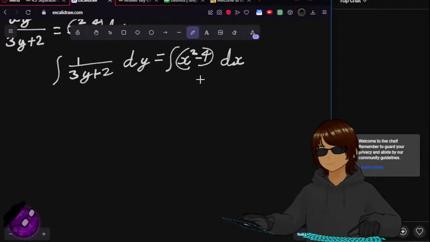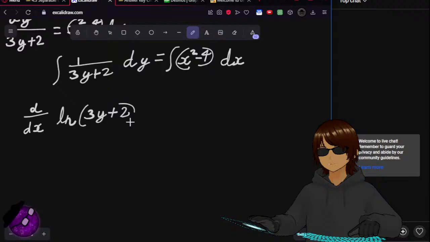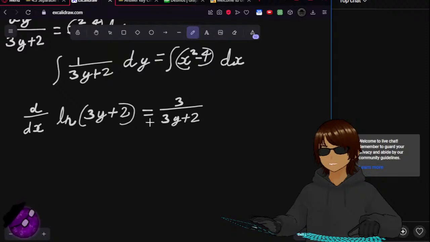Then I'm supposed to integrate this. If I do a derivative of ln of 3y plus 2, I get this, right? So derivative of the outside is 1 over 3y plus 2, then derivative of the inside is just 3.